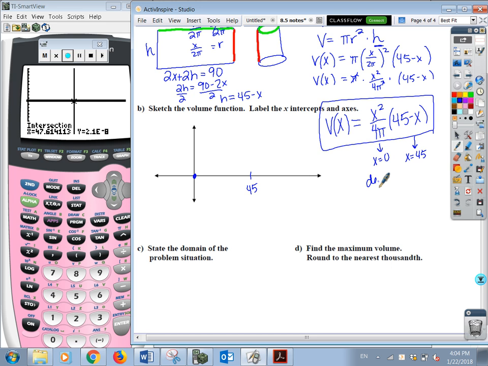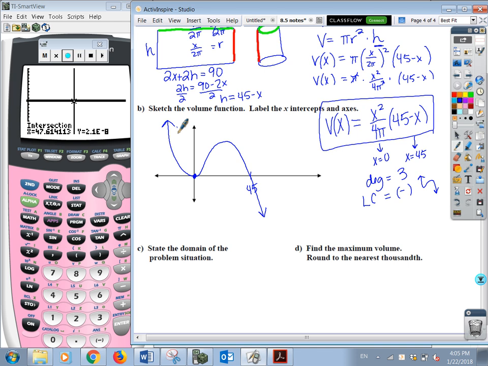We know the degree is 3 because of the squared plus the x to the first, 2 plus 1 is 3. We know the leading coefficient, which is what would be in front of the x if we were to actually multiply that out, would be negative. Therefore, it goes down at the end, so we're going to have a graph that looks like this. So it's going to start up high, it's going to bounce, and then cut. So there's a sketch of your graph.